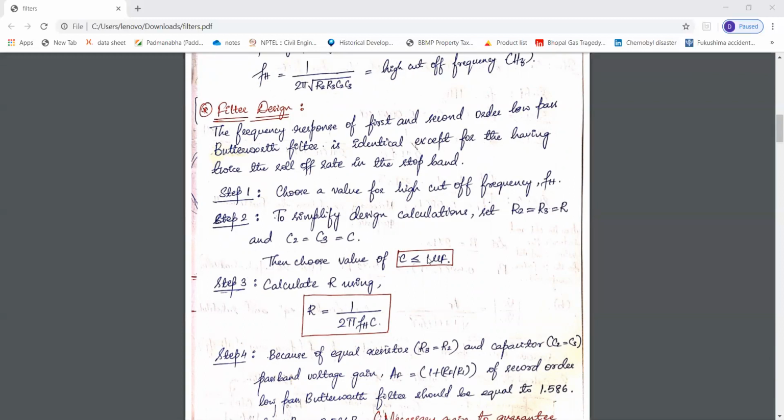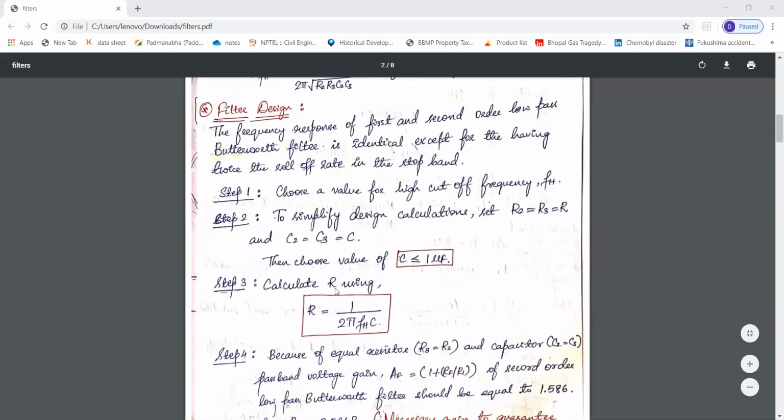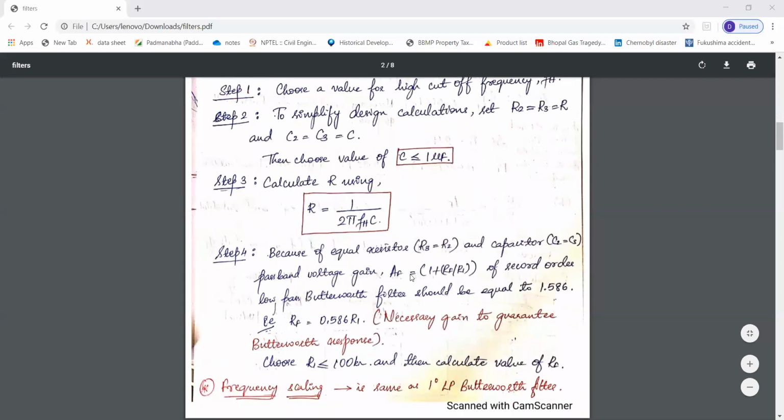Now we know C and we know FH. From this formula we'll calculate R as equal to 1 by 2 pi FH into C. So from this formula, we'll calculate the value of R. Now we know the high cutoff frequency, the capacitor C and the resistor R. Now step 4, what is it?